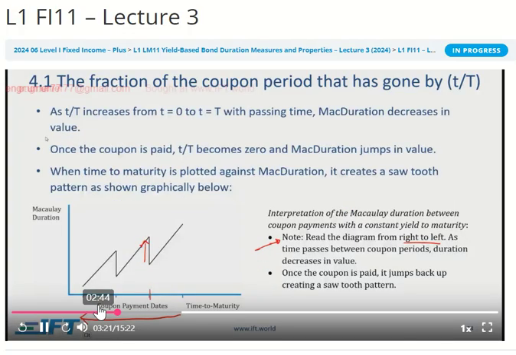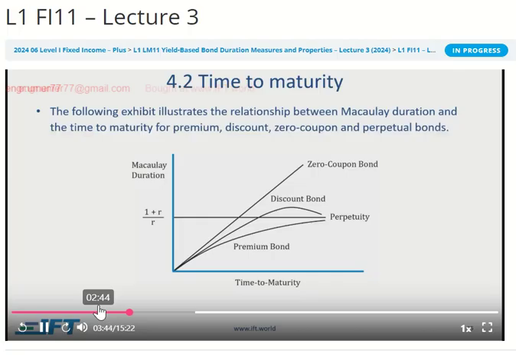With the coming closer of each coupon, it's increasing the power of that reinvestment income because the coupon is coming closer. But once the coupon is paid, then the MACD jumps again. So this is one thing that you need to understand: the impact of coupon dates on your MACD.